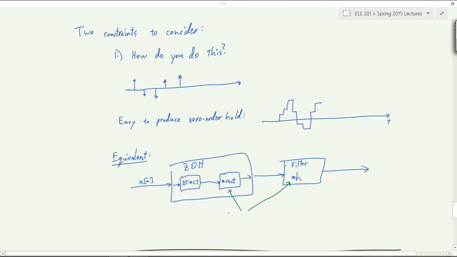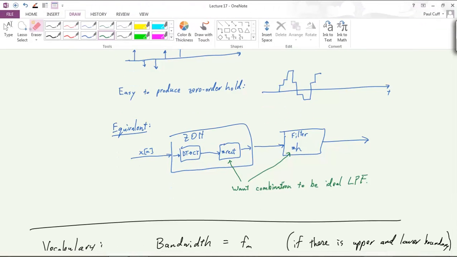The combination of two convolutions is itself a convolution. Now we want this combination to be an ideal low-pass filter. If these combined were an ideal low-pass filter, then great, we've done exactly what we set out to do, and we didn't actually have to build this process of making continuous time delta functions. We just did a zero-order hold. So how do we do such a thing? Let me insert a little more space here.